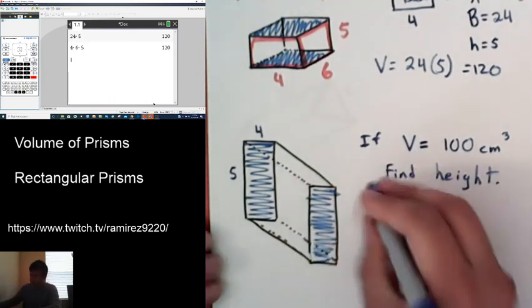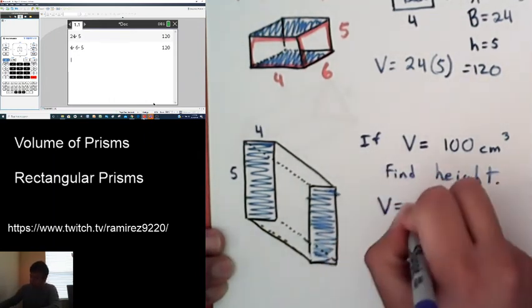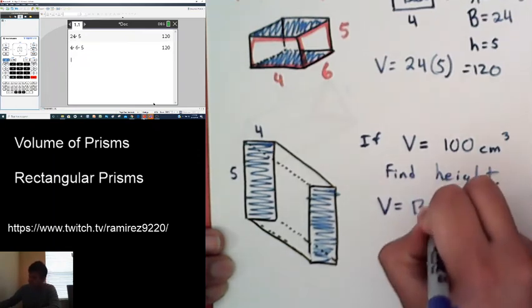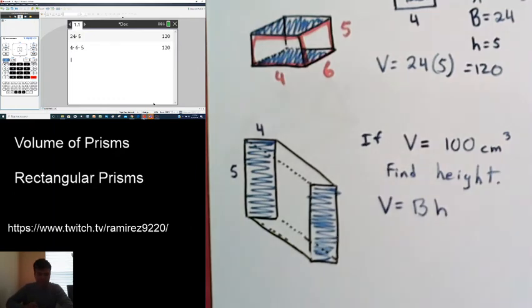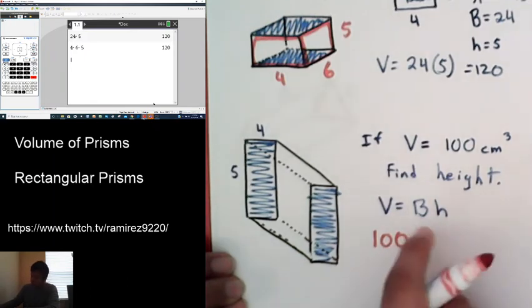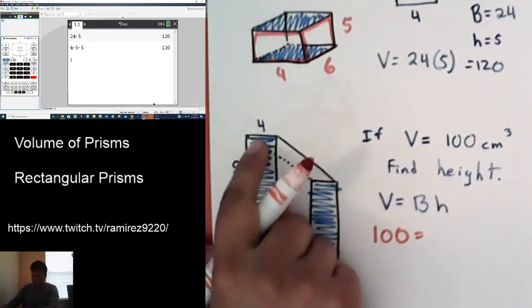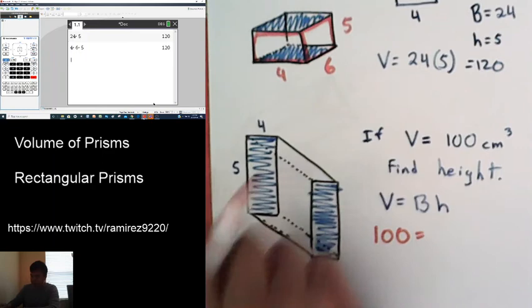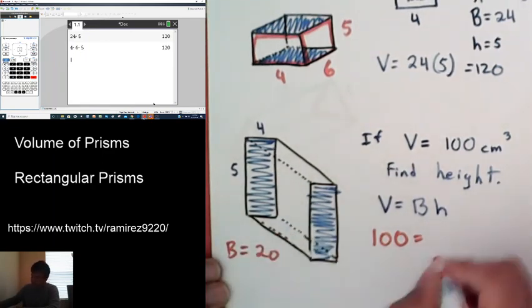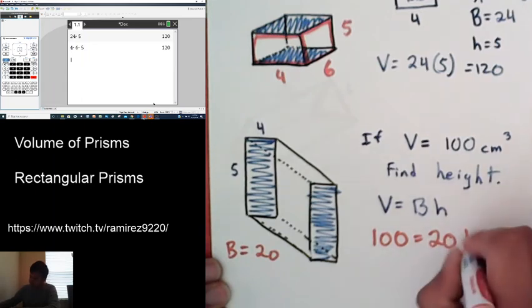Well, since volume, guys, is equal to big B, which is area of the base, times your height, we just have to substitute. My volume is 100. Big B, well, it's a rectangle, guys, so it's just 4 times 5, which is 20, times my height.